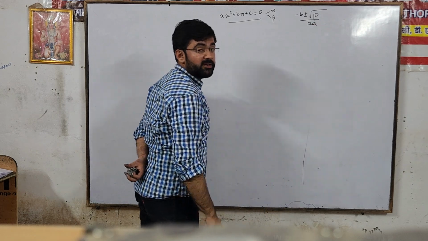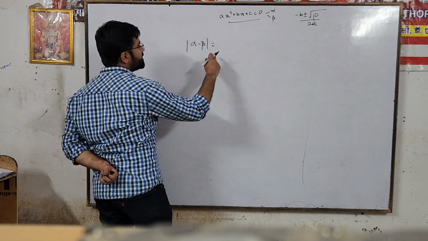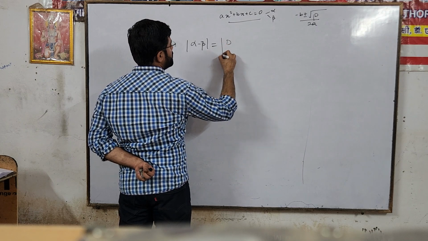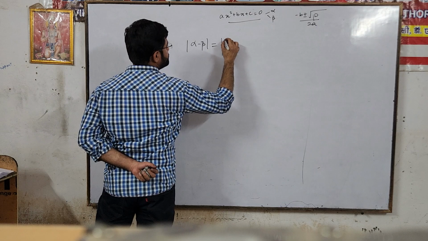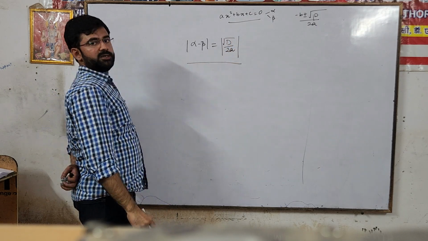I do not know if alpha is greater or beta is greater. So when I find the difference of the roots, I am going to take modulus. So the modulus will turn out to be modulus of root D by 2a. So this is the difference of the roots.